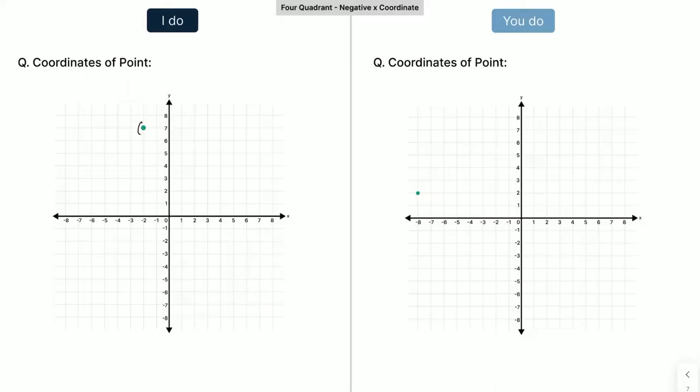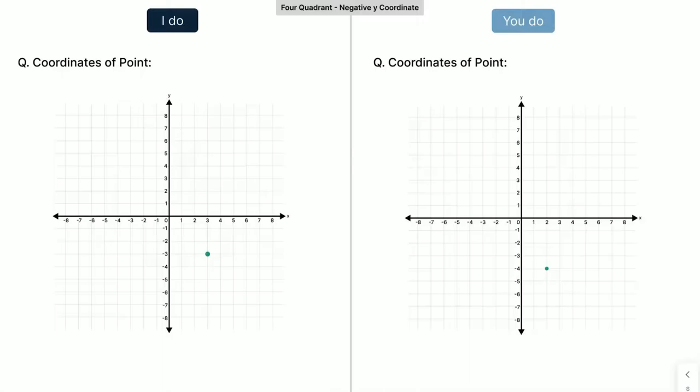So again, circle the coordinate. X is going to be -2, y is going to be 7. Press pause and have a go at the one on the right. So this should hopefully get you -8 on x, and for y, that is 2.